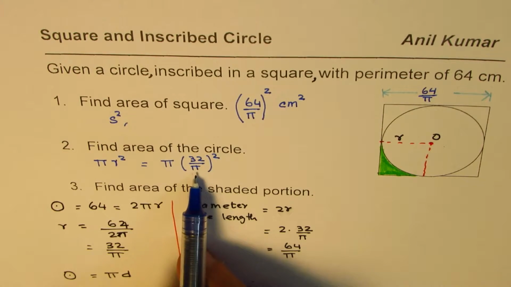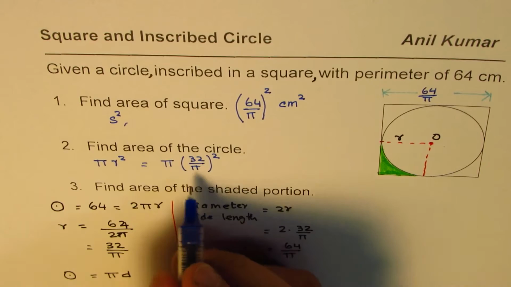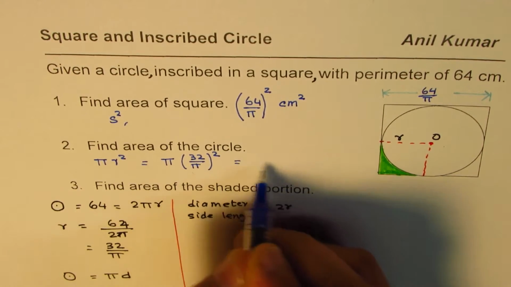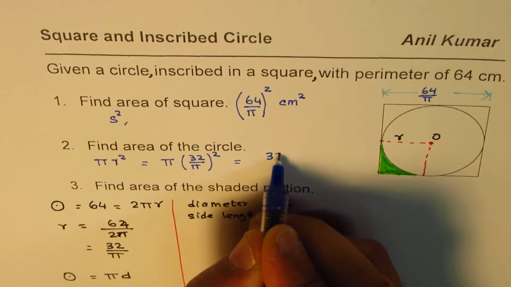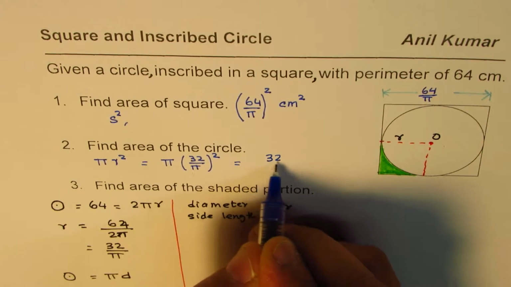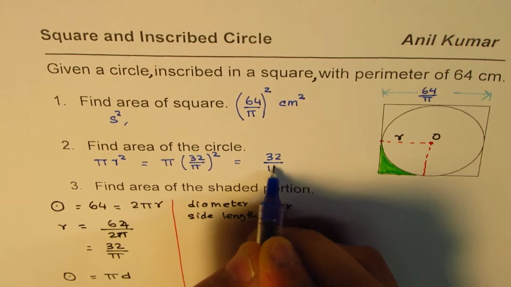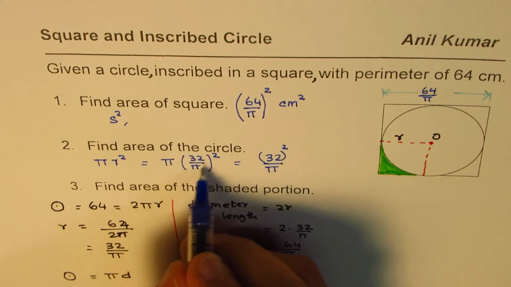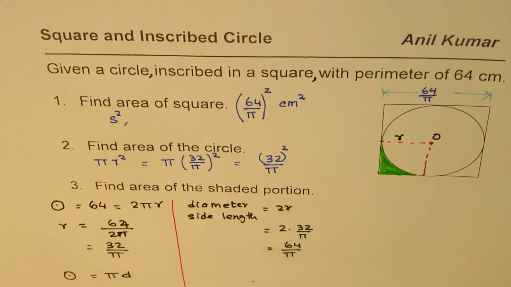So we have done the second part. You could always use the calculator to calculate this. In general, this will be equal to 32 squared over pi, because pi squared and pi will cancel, so you'll get this as your answer.